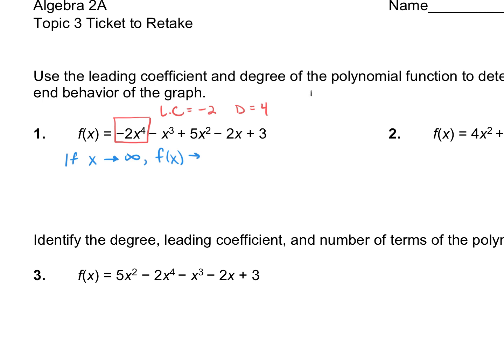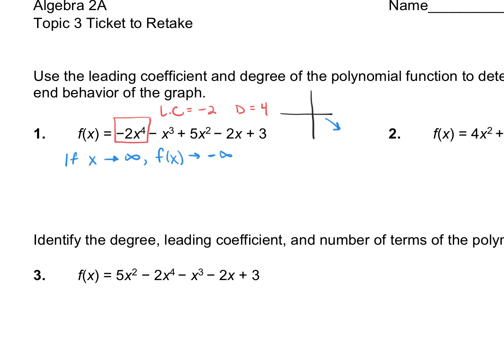Because our leading coefficient is negative, our function will go down on the right side. So if our function is going down, that means that it is approaching negative infinity. All right, so there's describing the end behavior on the right side of your graph.